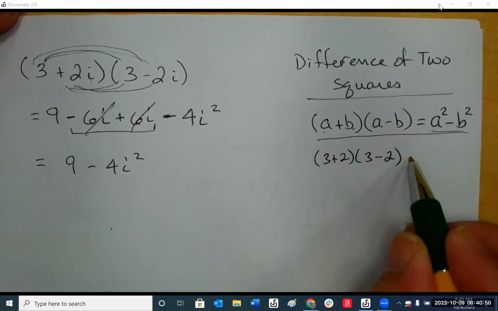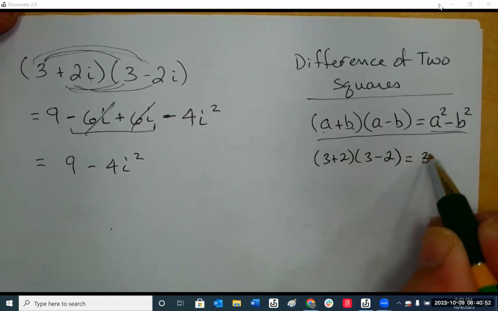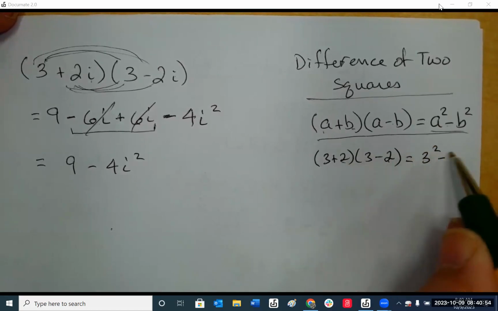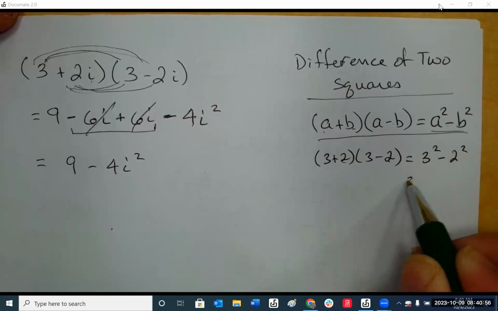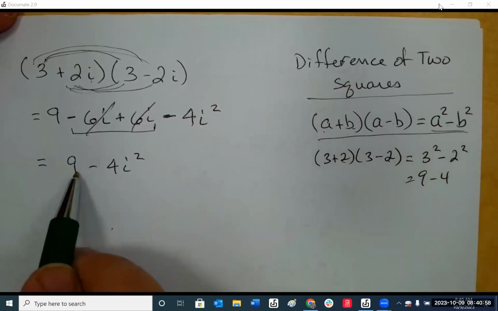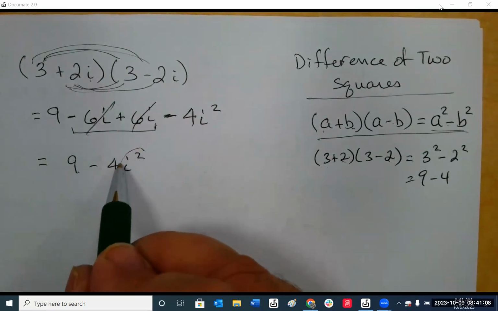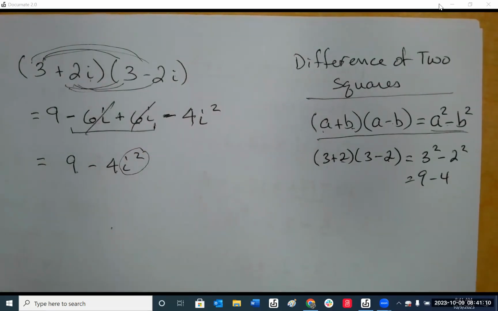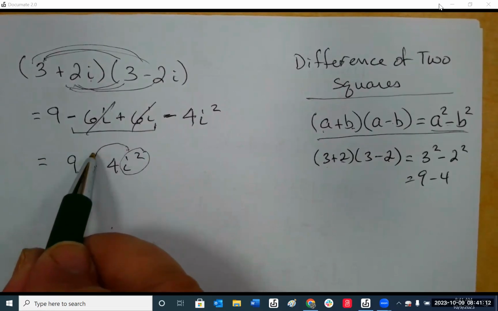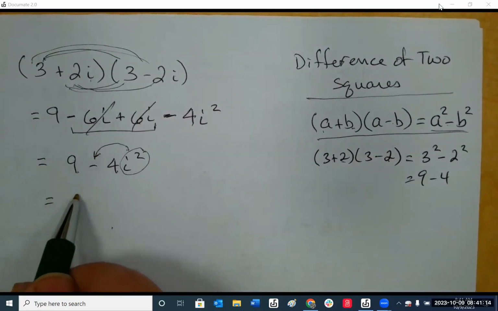Looking at this rule, it is 3 squared minus 2 squared, which is 9 minus 4. That's what we have here. But because it's an imaginary number, what happens with this? It changes that sign.